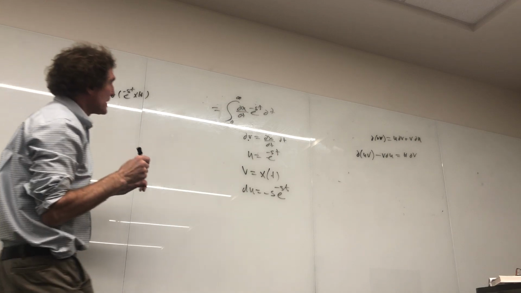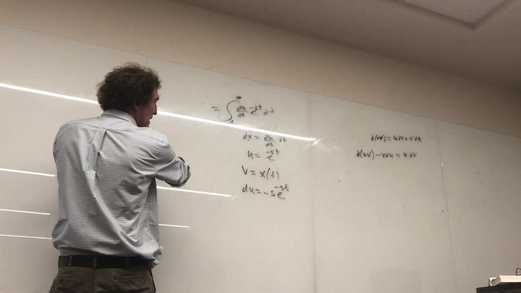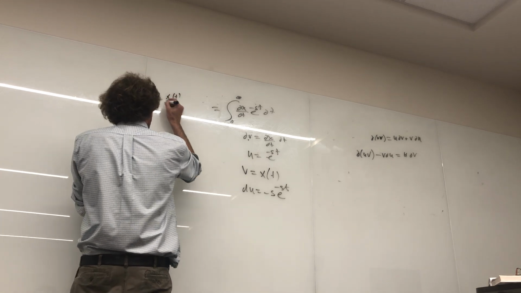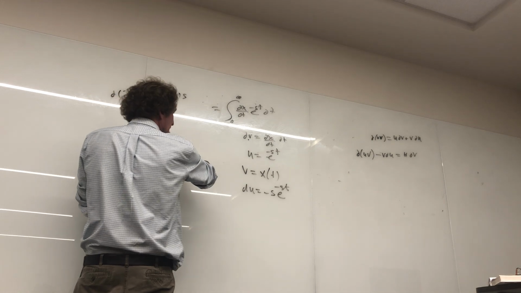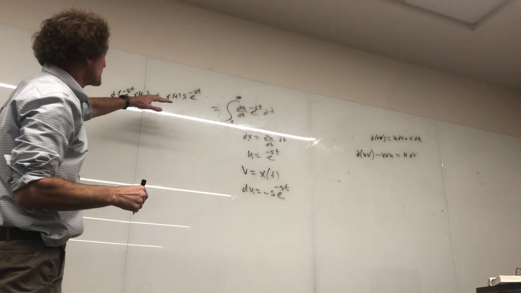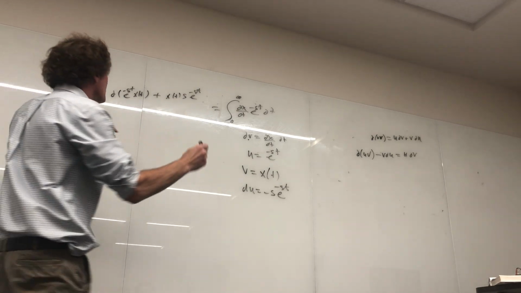That's it. And then I have to subtract from that v du, and that's x of t times, with a minus times s, times e to the minus st. So that's just the differential, right? Correct, class? Now I have to integrate them from 0 to infinity.